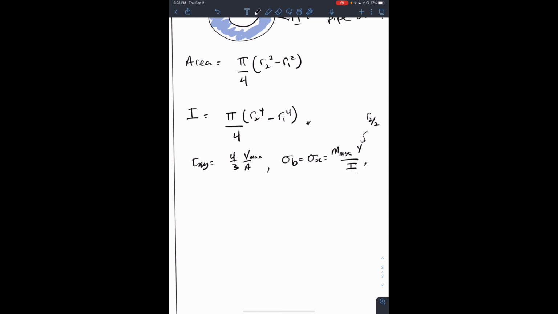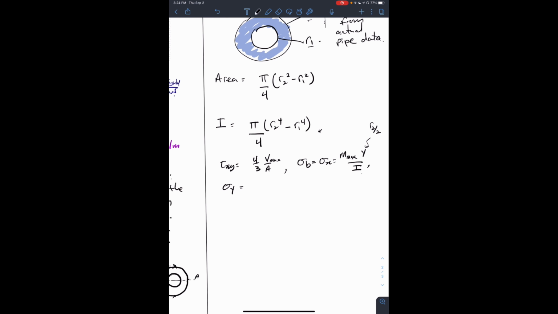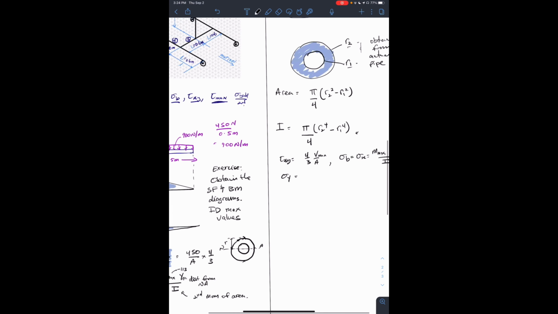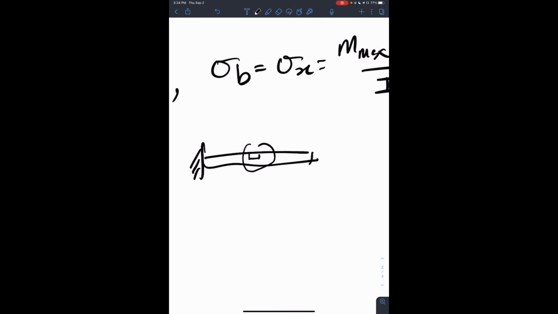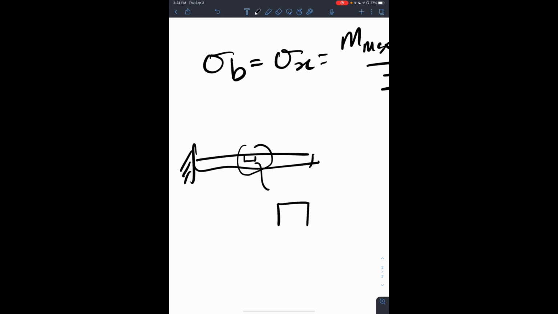The next piece of the puzzle here is sigma y. And sigma y is 0 because if you look at a stress element from the beam, let's just pull out a stress element from the beam. This is the beam here. We're looking at this region here, so I want to zoom in on that. We have the shear stress, this is our V. And you have now our bending moments like this, which causes the bending stress.